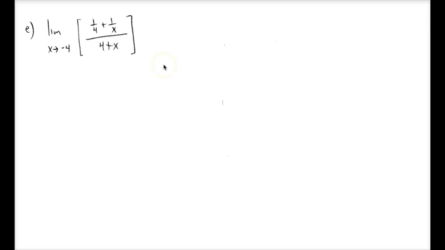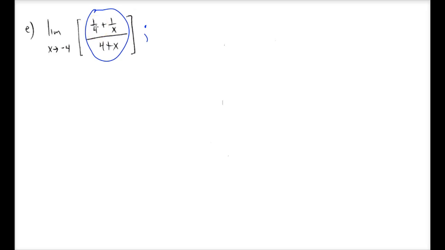All right, so looking at example E, different limit, same situation. We need to find a way to rewrite what we have inside of here. I realize that this is a rational function just written in a crazy kind of form here.